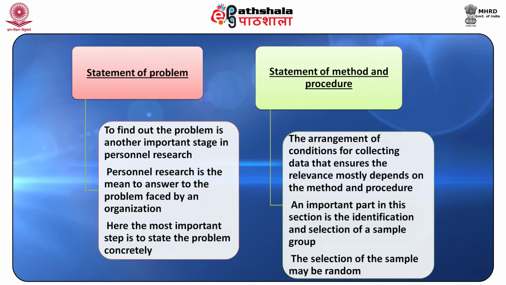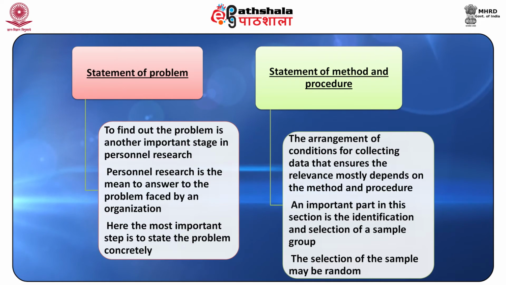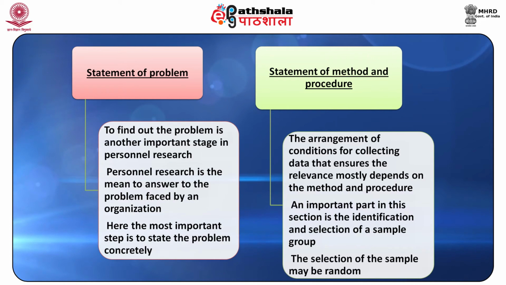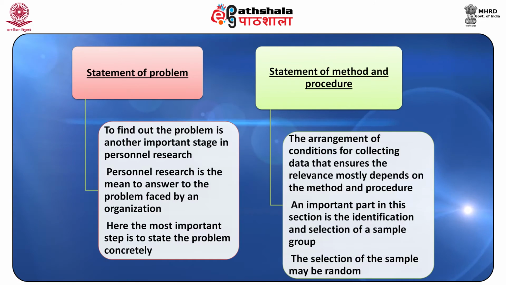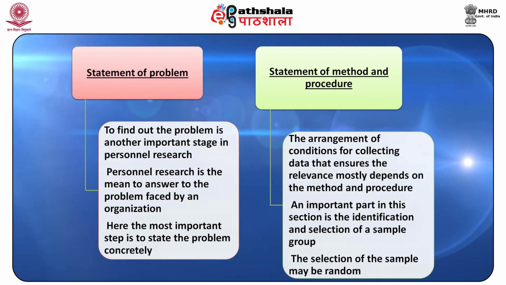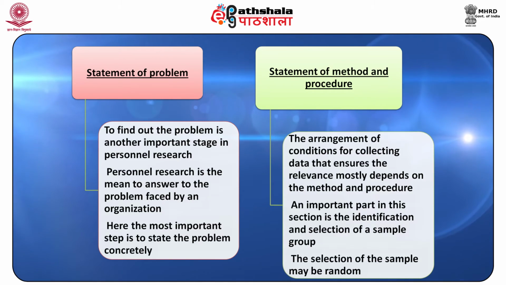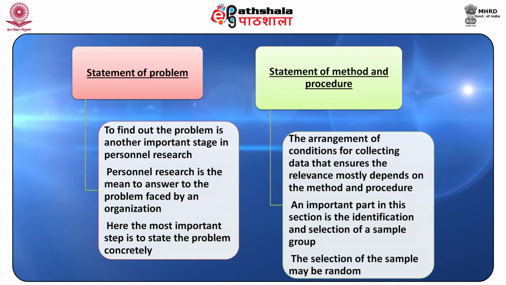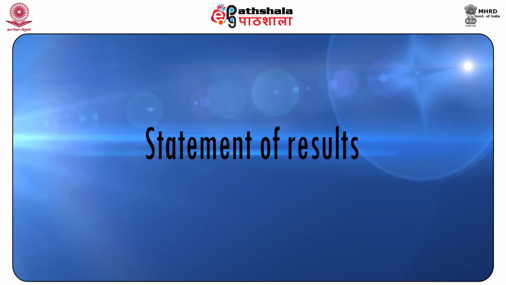C. Statement of method and procedure. The arrangement of conditions for collecting data that ensures relevance mostly depends on the method and procedure. An important part in this section is the identification and selection of a sample group. The selection of the sample may be random. D. Statement of results.